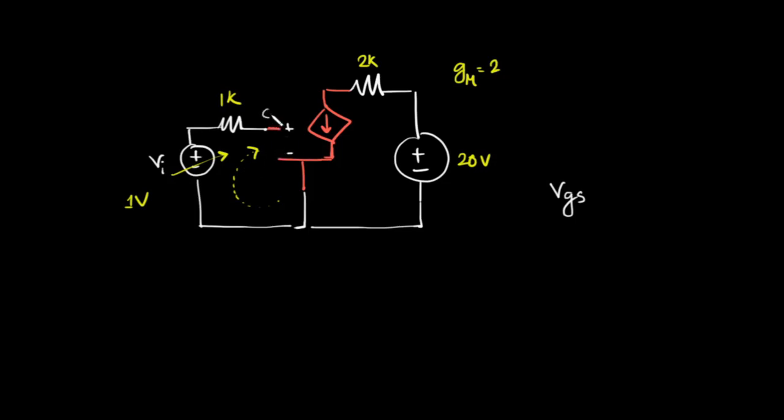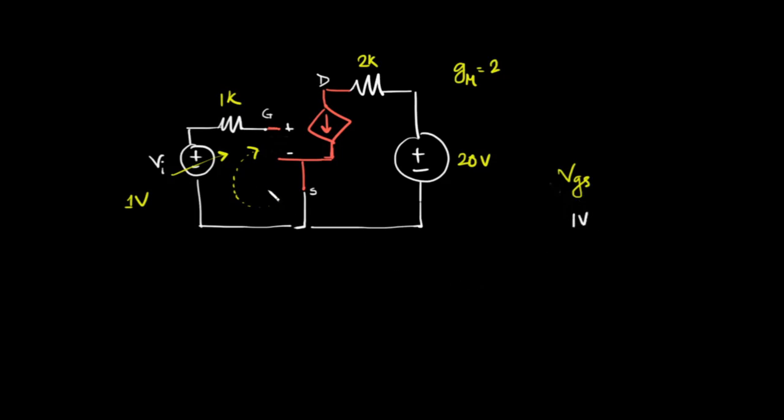This is our G, this is our S, and this is our drain. So VGS will be exactly equal to the input voltage. The input voltage is 1 volt.